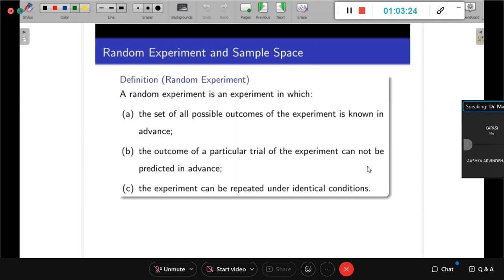It means you know beforehand that inside your bag the colors of the balls are red, green and white. You can fix the numbers as well, suppose 5 white plus 6 green plus 4 blue.